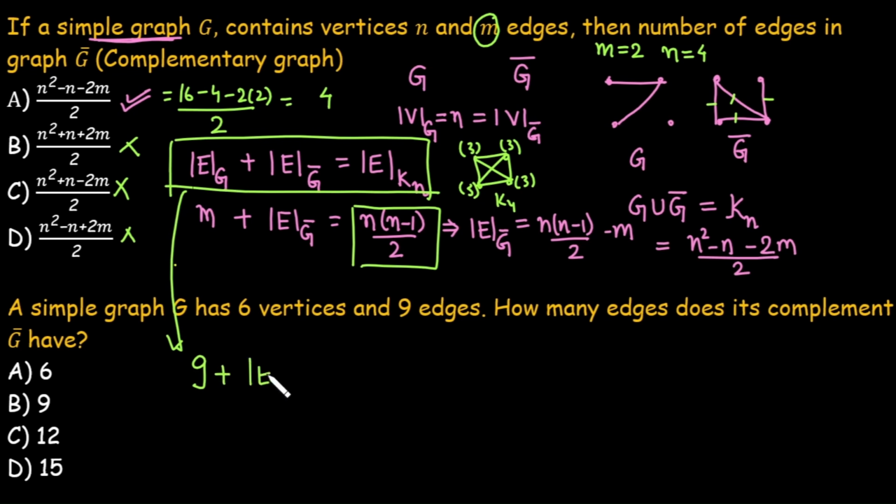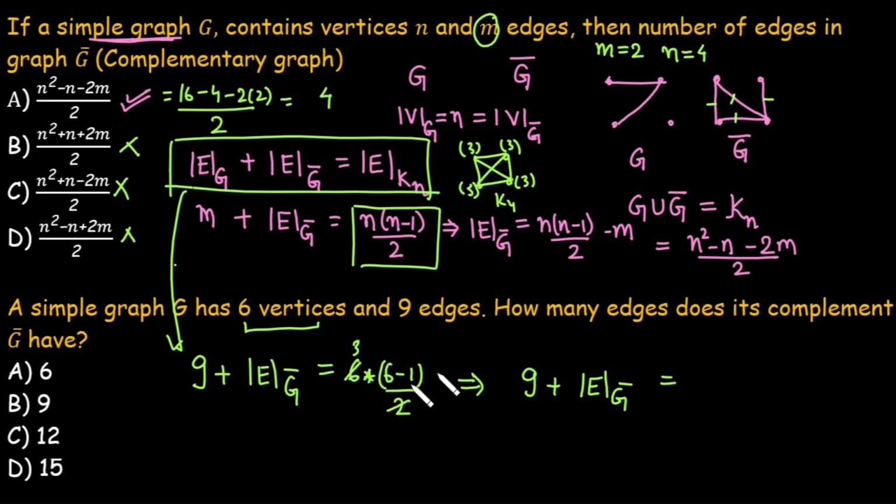We need to calculate the number of edges in the complementary graph, and the total number of edges in the Kn graph, where n is 6. We can directly plug in the value of n as 6, so that is 6 into 6 minus 1 by 2. Simplify this: 9 plus the number of edges in the complementary graph is equal to 3 into 5, that is 15.